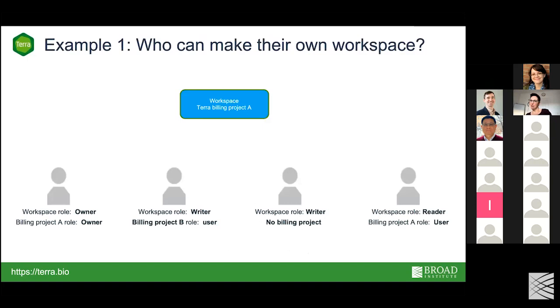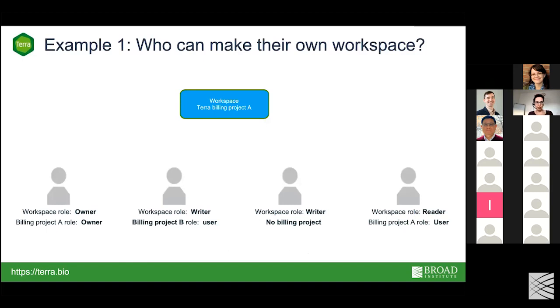So we're going to try 2 examples to illustrate this and to really drive home the point. And I am running short on time, but I'm going to try and run through this quickly. The first example is who can make their own workspace. So we have a workspace, and it's under a Terra billing project, and we have these 4 users. The first is the workspace owner.